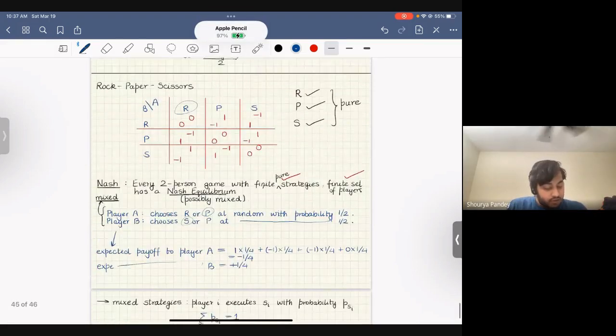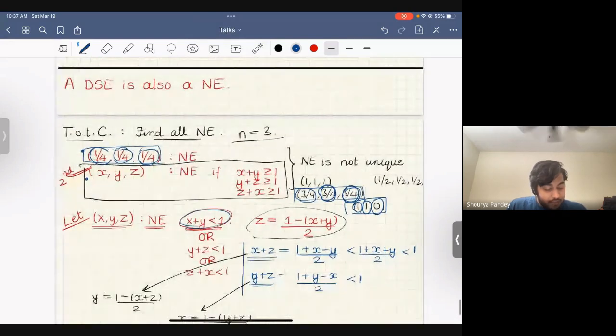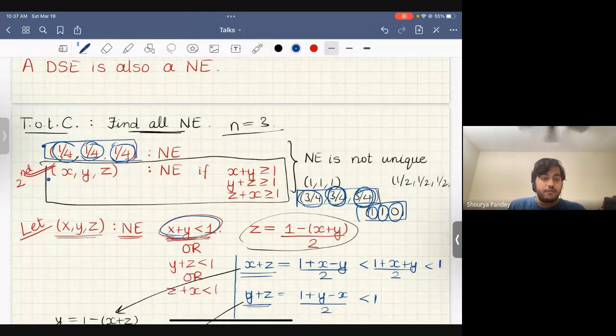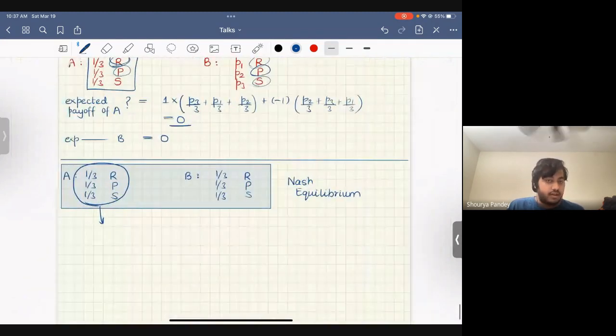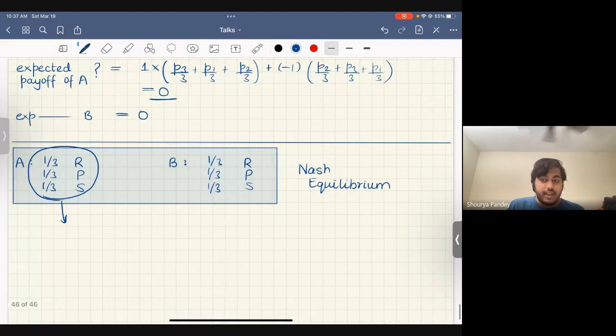Yes, like in this example we saw this 1/3, 1/3, 1/3, which is a mixed Nash equilibrium. It was not like I chose my x1 to be something random between 0 and 1. It was not the case here, but here we need that to happen. So this is in fact the only Nash equilibrium.